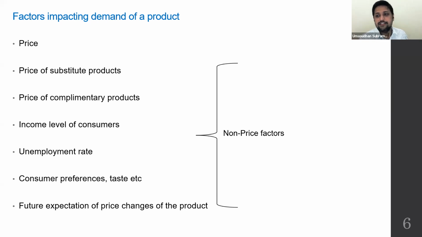Consumer preferences, taste, various things can have an impact on the demand of a product. For example, if you think globally, we see a positive trend that there has been a reduction in tobacco consumption over the last decade or so. That is due to the negative health advisory by various bodies, and that had a positive impact on overall consumption of tobacco.